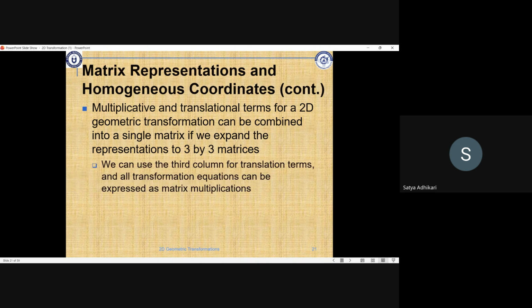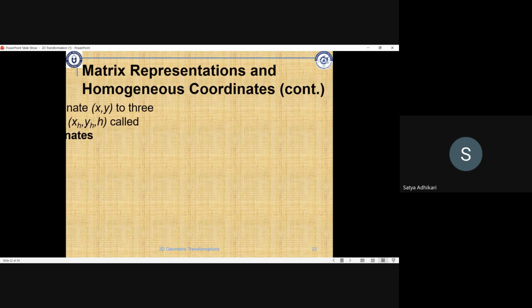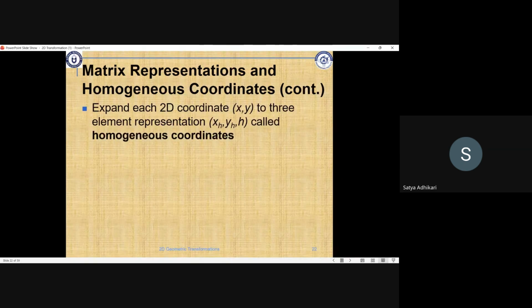We can use the third column for translation terms, and all transformation equations can be expressed as matrix multiplication. You see here, expand a 2D coordinate x, y to a 3-element representation xh, yh and h, called homogeneous coordinates.